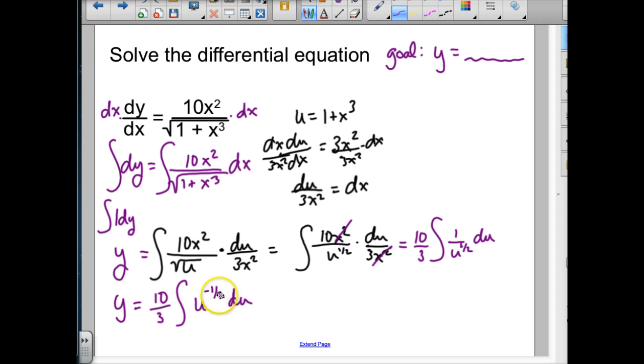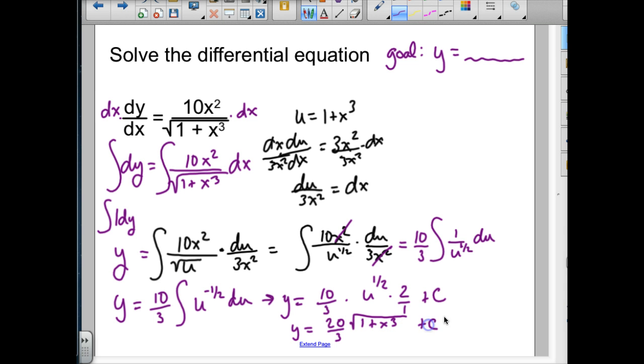Now we have u to the n du, so I can integrate. Y equals 10/3 times u to the, add 1 to the exponent, divide by the new exponent, so that's the same as multiplying by 2, plus c. So y equals 10/3 times 2 is going to be 20/3. U to the 1/2 is the same as square root of u, so I'm back substituting, plus c. So there's my final answer.